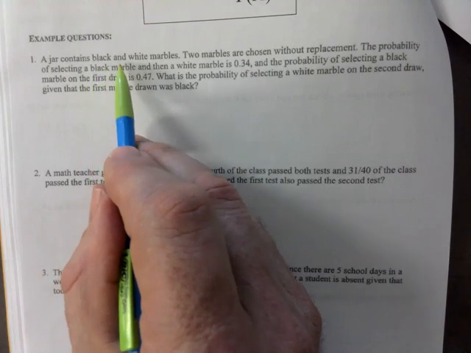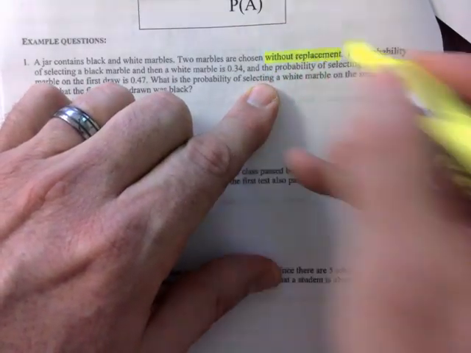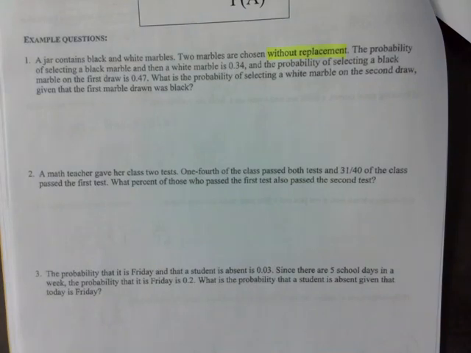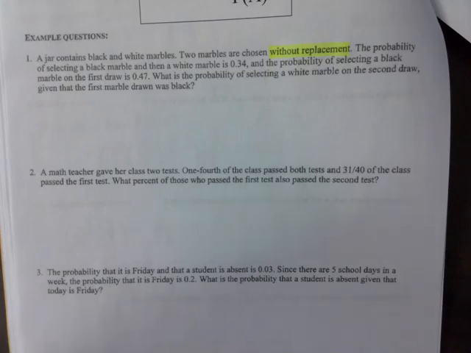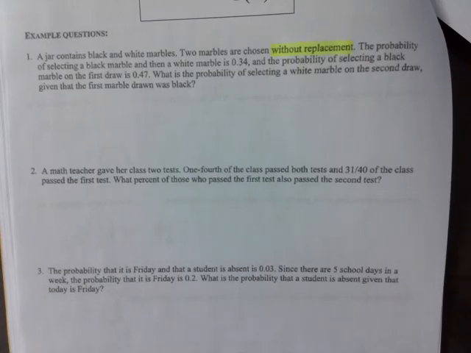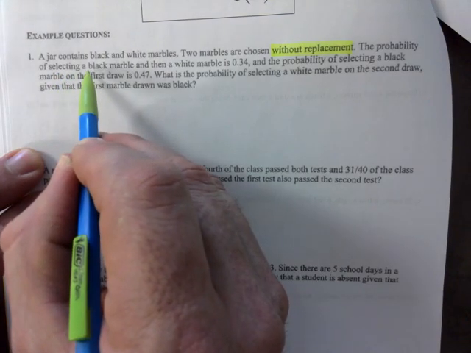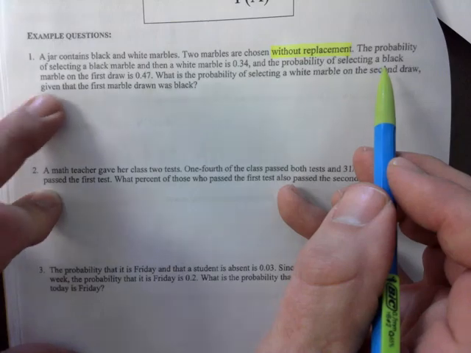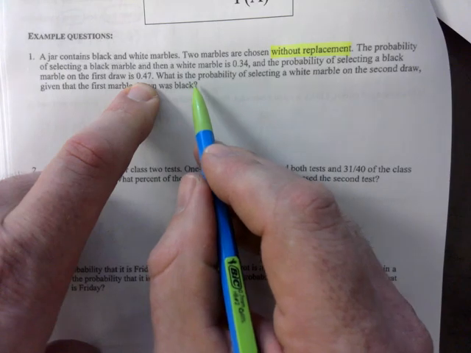A jar containing black and white marbles. 2 marbles are chosen without replacement. What does that tell you? Dependent. The probability of selecting a black marble and then a white marble is 0.34. The probability of selecting a black marble on the first draw is 0.47.